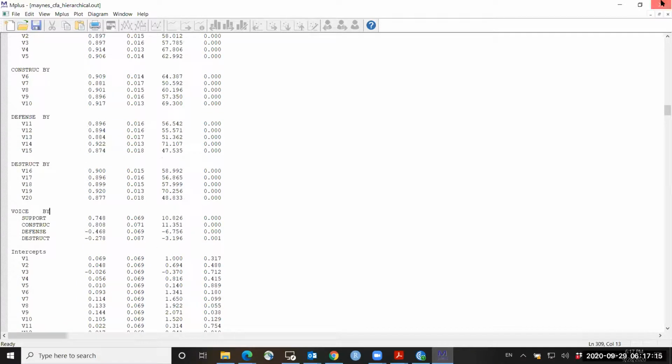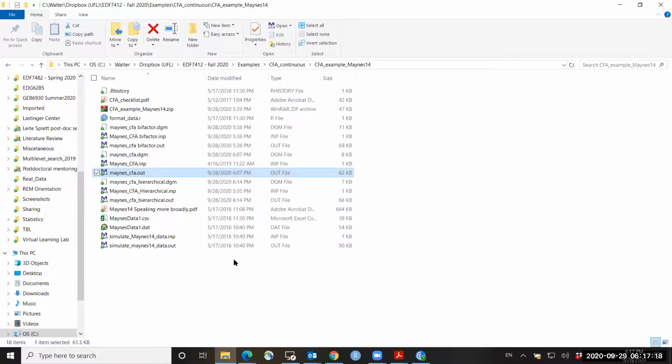Now let's look at another alternative, which is the bifactor model.